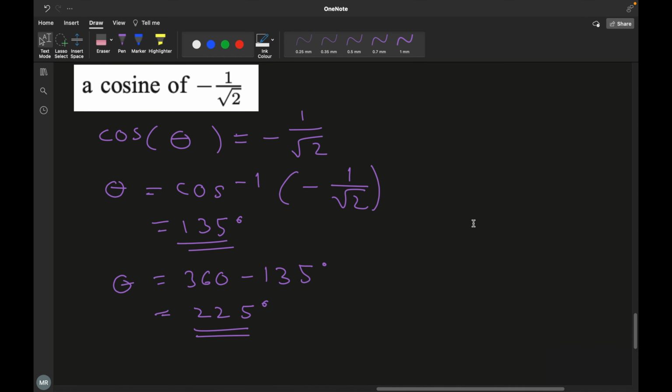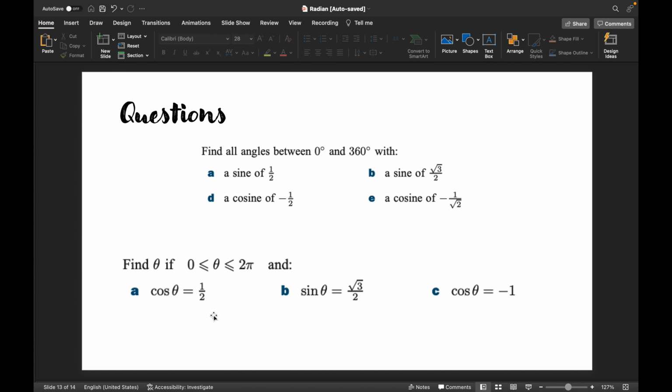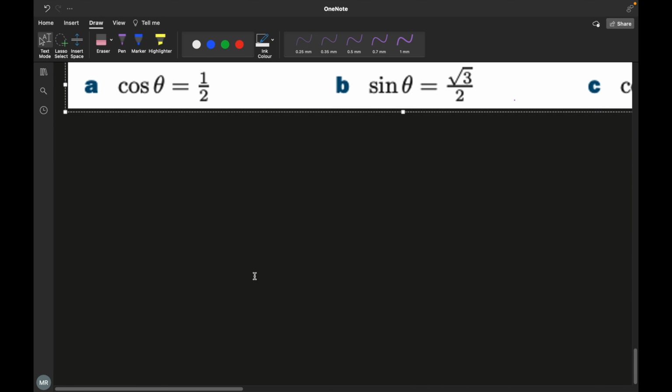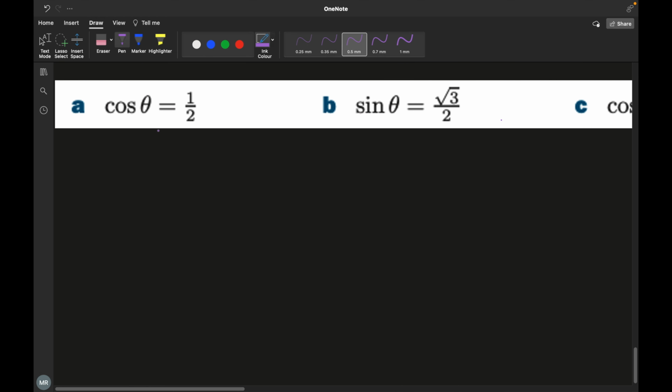Now that we've finished this question, let's look at the next question. So we have to find theta if theta lies between 0 and 2 pi, and it's given that cos theta is 1 by 2.